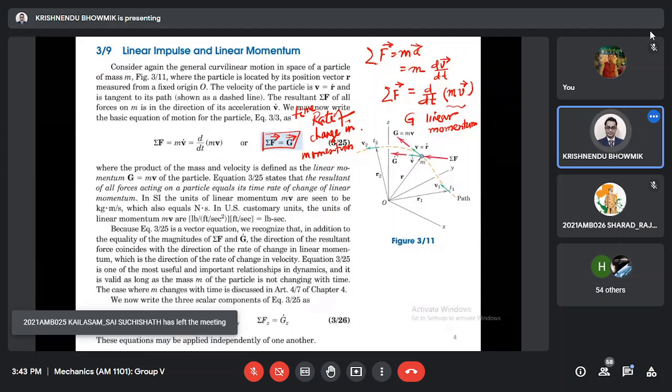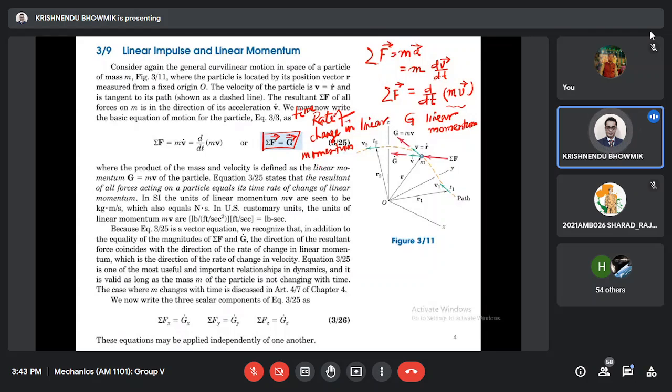Rate of change of linear momentum is the summation of F, the resultant force. So the linear momentum we got here is G equals mv of the particle.